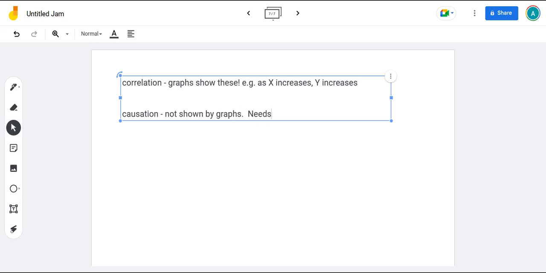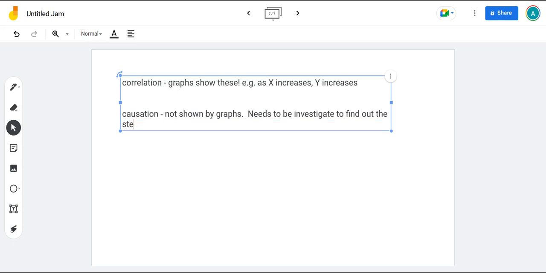Causation needs to be proven by other scientific investigations where they find out and prove what step-by-step process happens to cause that, to link that causes that to happen. Okay, so it needs to be investigated to find out the step-by-step process of how X causes Y. And it's not going to be shown by a graph like we've been looking at.